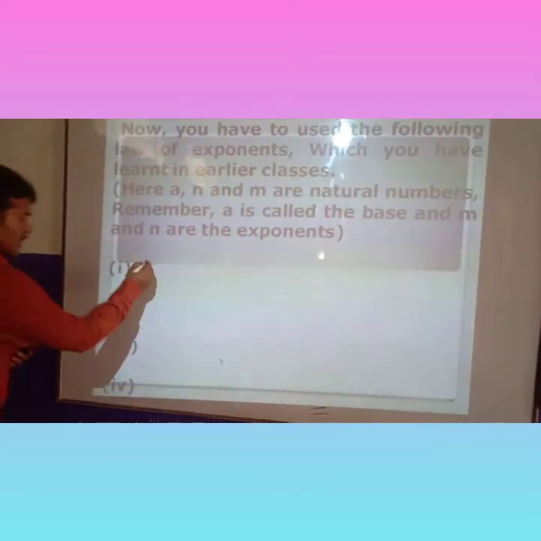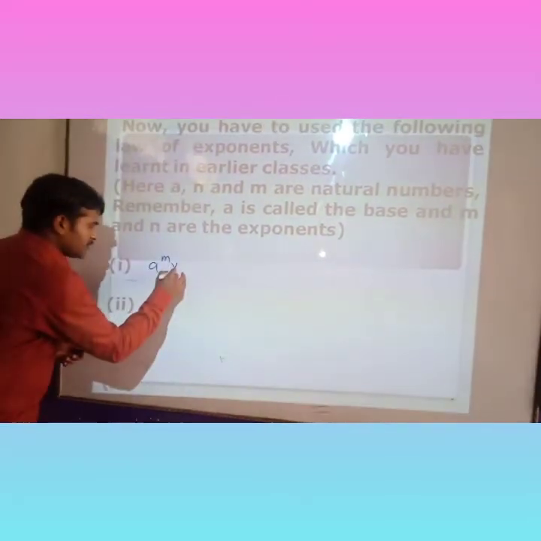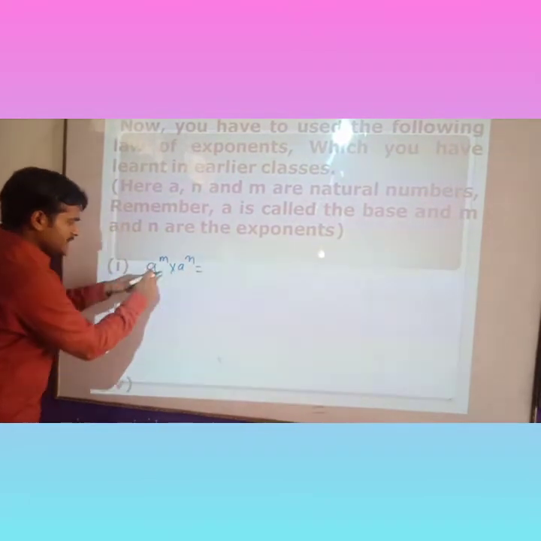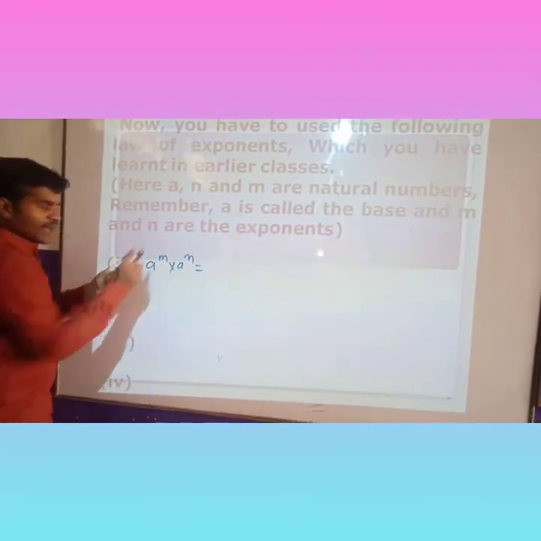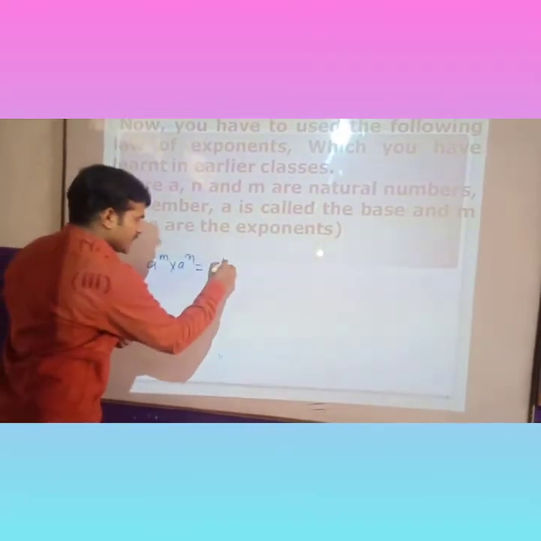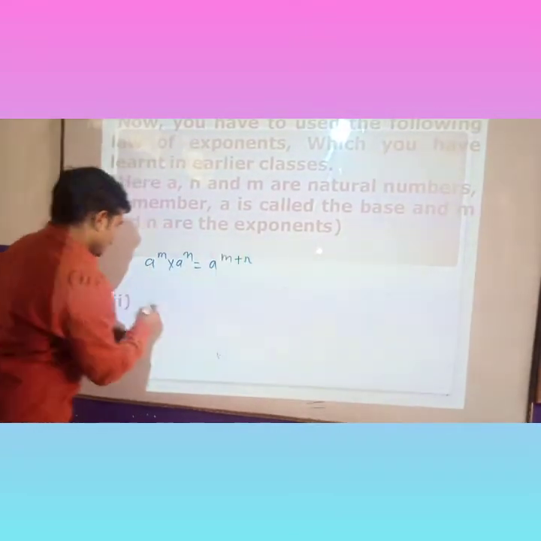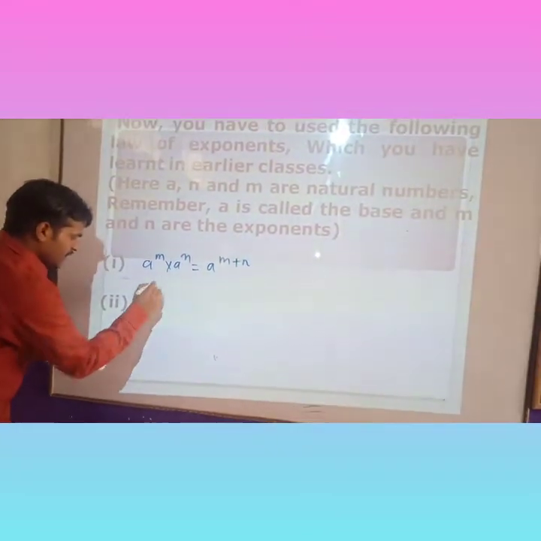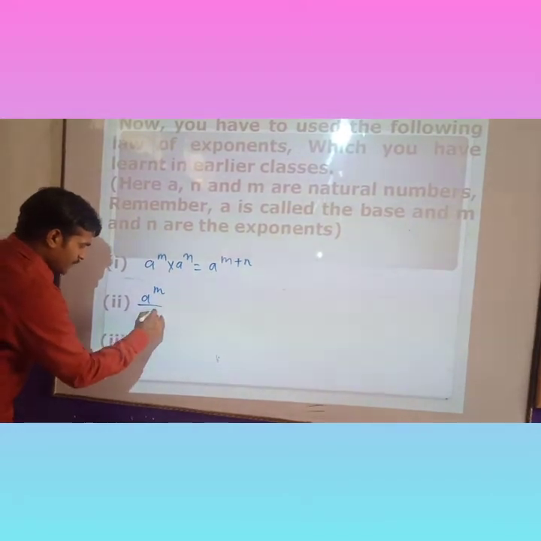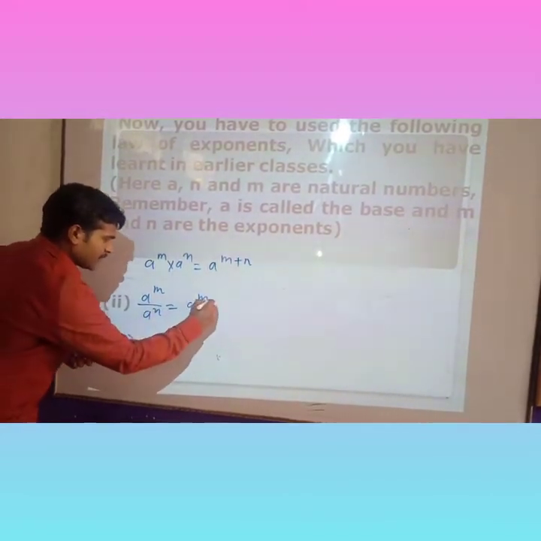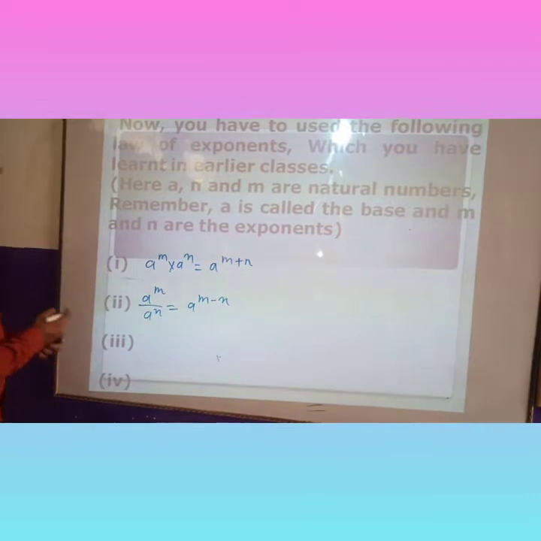Then a power m into a power n, a is the base and m and n are exponents, so what will be there? a power m plus n. Like that, a power m divided by a power n, so what will we write? a power m minus n.